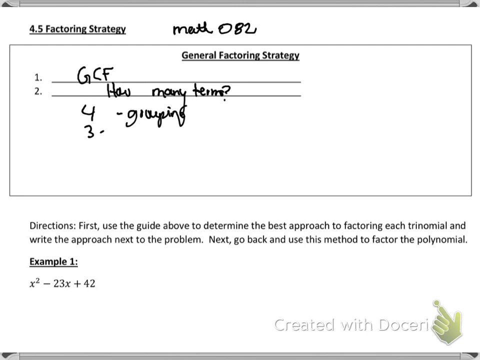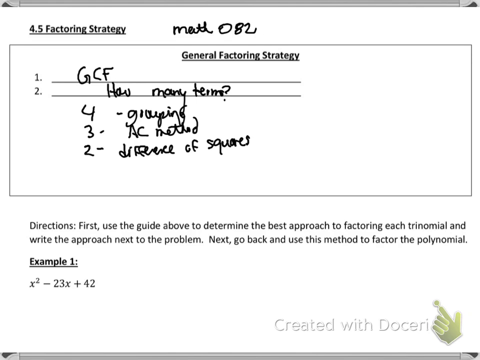If we have 3 terms, we try to use the AC method. And if we have 2 terms, we see if we have a difference of squares. So those are our 3 main methods that we have learned.